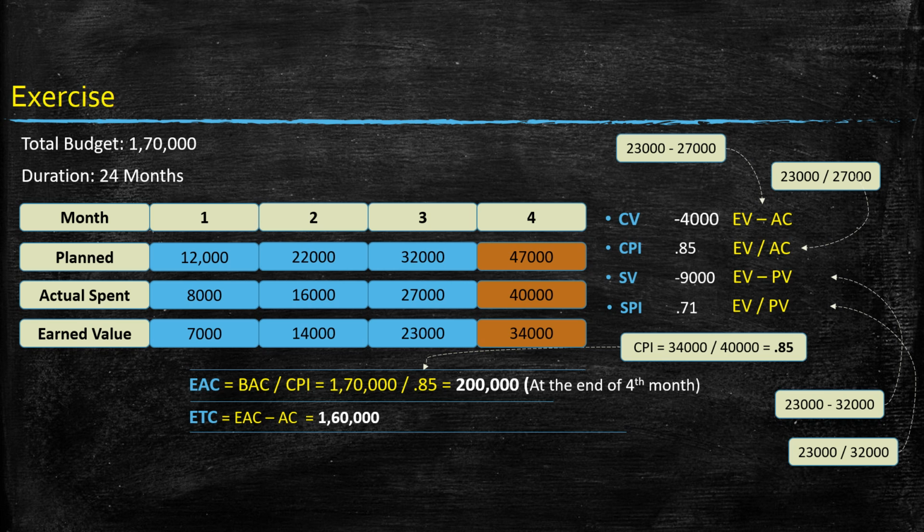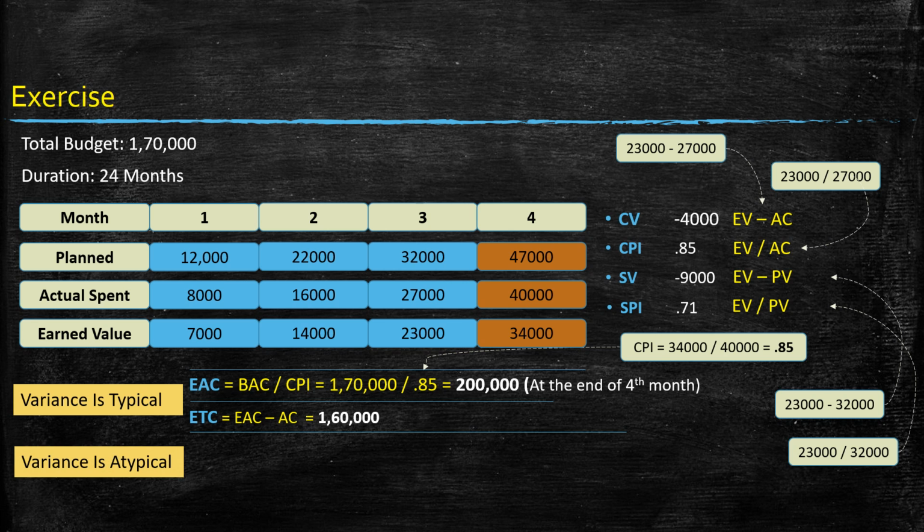Now, just for a moment, we assume that the 85% cost efficiency won't continue starting from the fifth month. Why am I saying that?